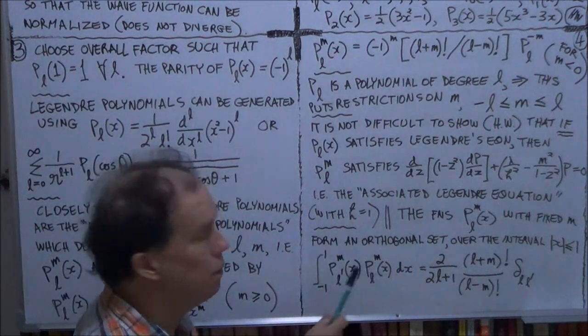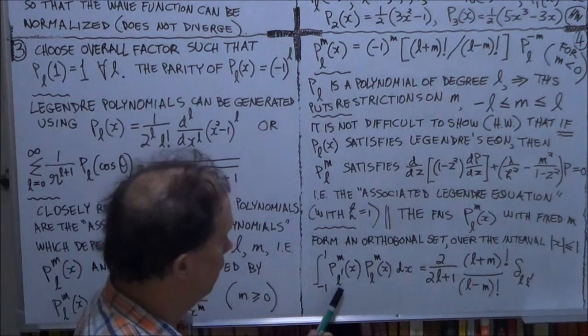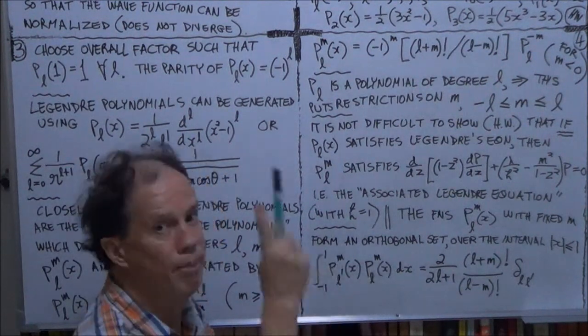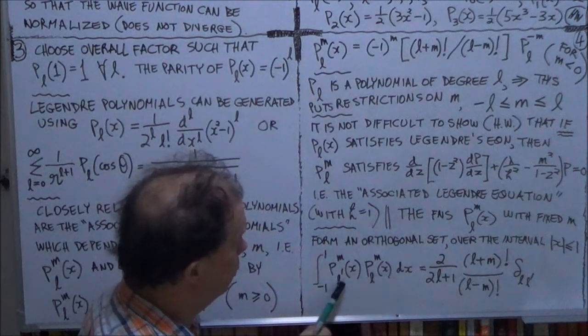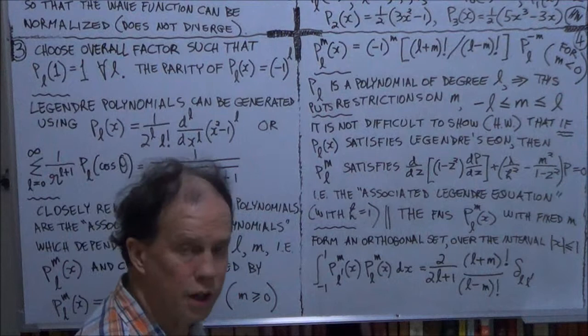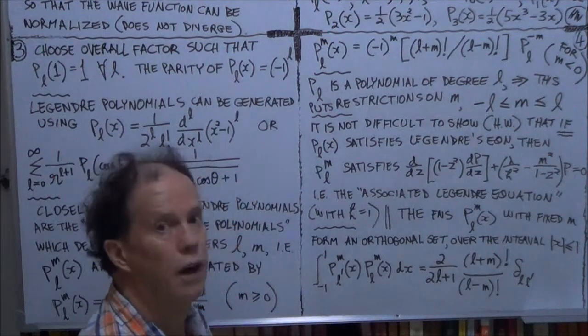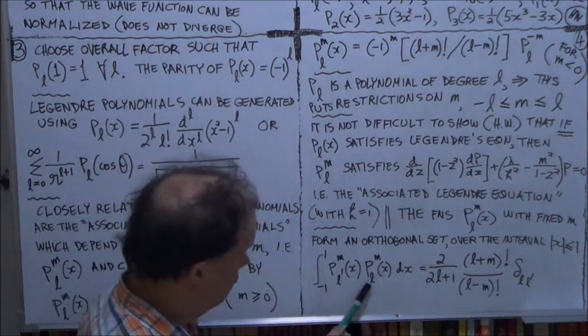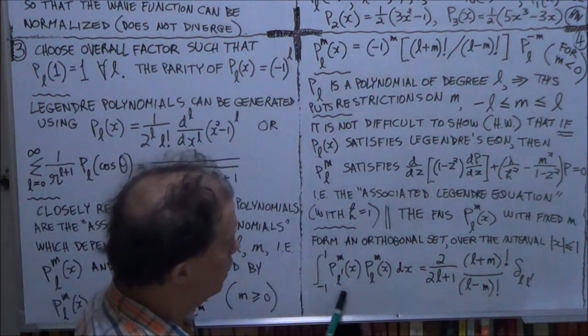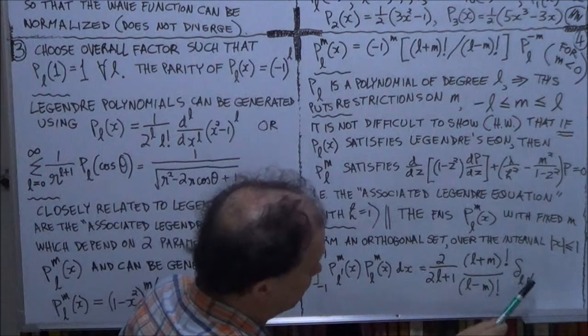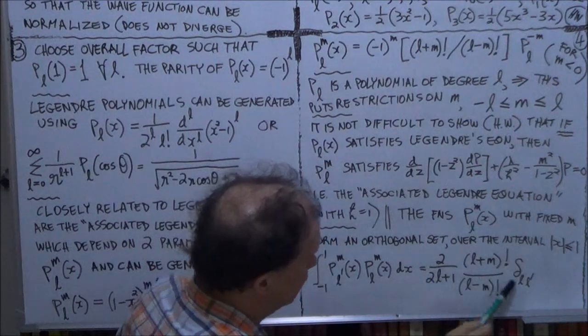Okay, so if L and L dashed are different, but with the same m, these two associated Legendre polynomials are orthogonal. Due to this. And if they're equal, then that becomes 1, and you get this.